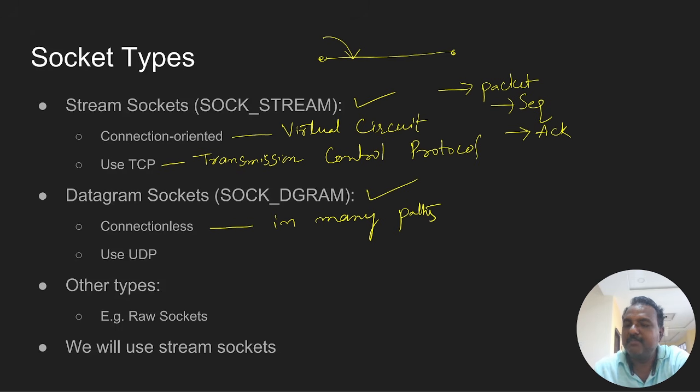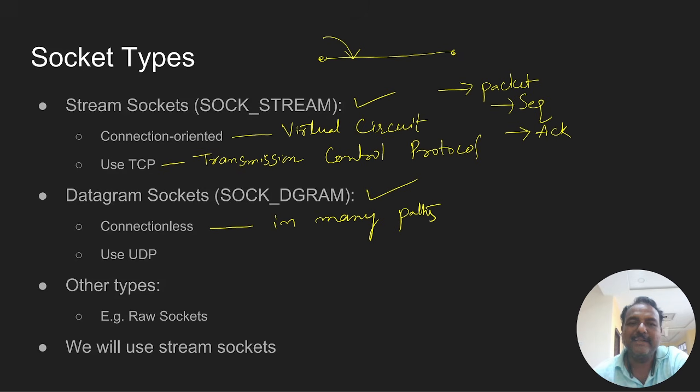It is not compulsory that we have only one path between the sender and the receiver. It may have multiple paths also. So if we use a UDP protocol, the packet may choose any of the paths to send the data from one end to another end.